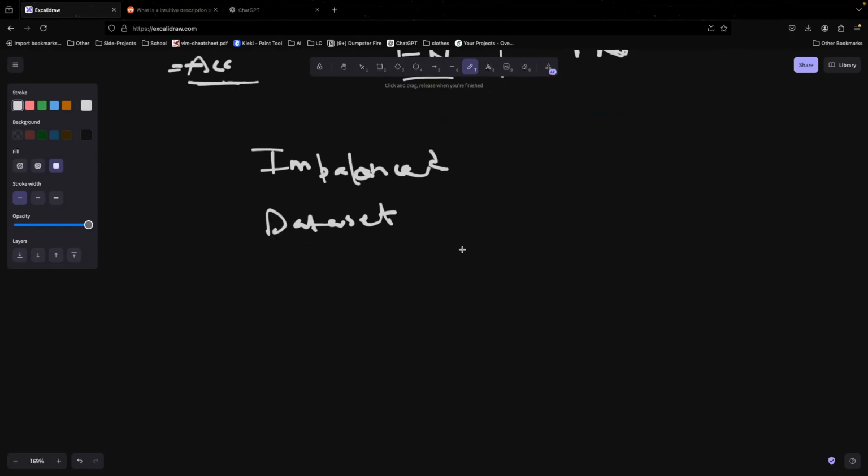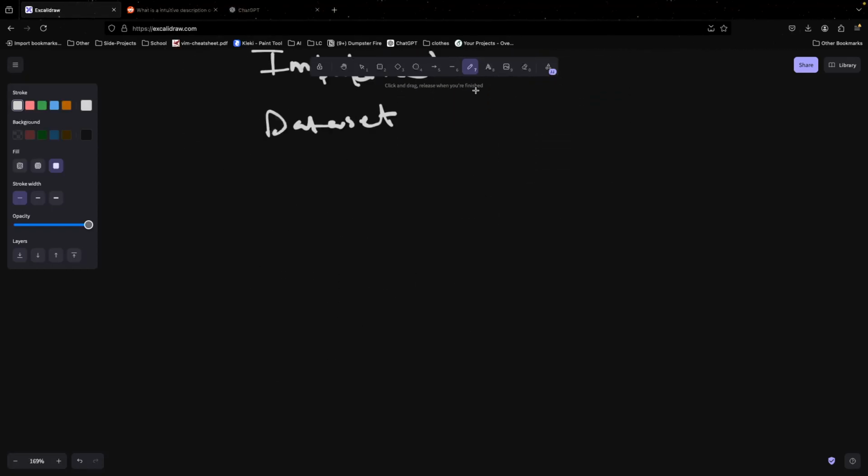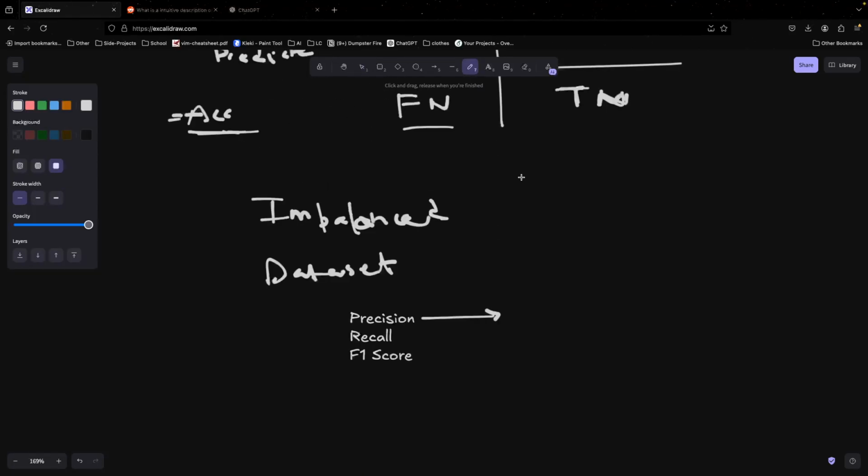Based on this confusion matrix, we have something called precision, we have recall, and then we have the F1 score. Precision is essentially made up of all the positive guesses.